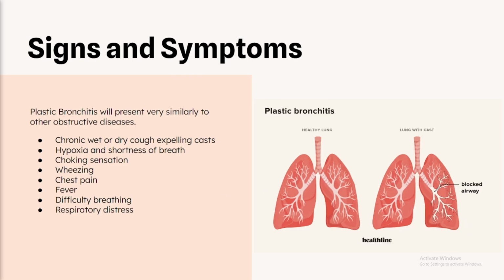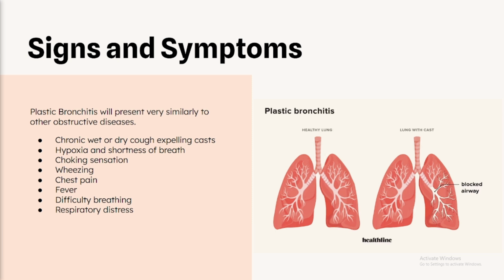So let's talk about the signs and symptoms seen in plastic bronchitis. They vary by severity, but the hallmark symptom is coughing up a rubbery cast that resembles the shape of the bronchial tree. It's pretty striking when you see it.